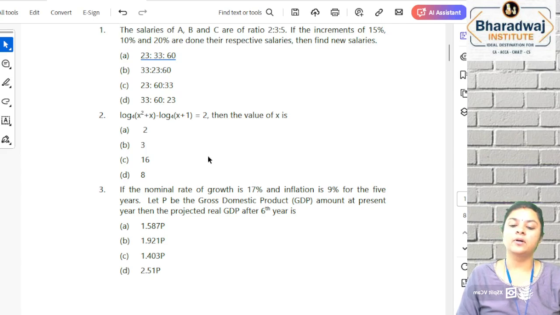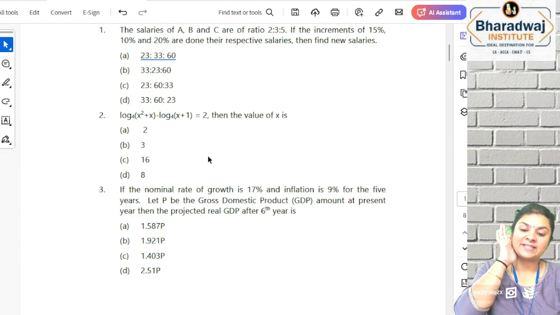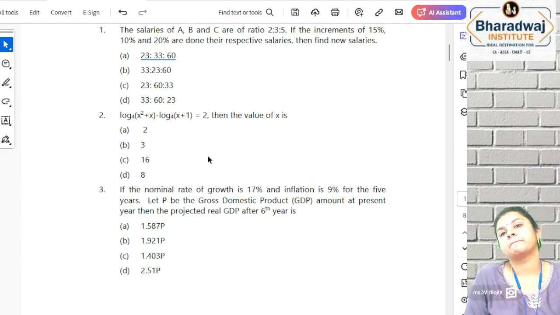Log of x square plus x to the base 4 minus log of x plus 1 to the base 4 is equal to 2. Then the value of x is. When the two log values are subtracted, you can take the values as division, correct?